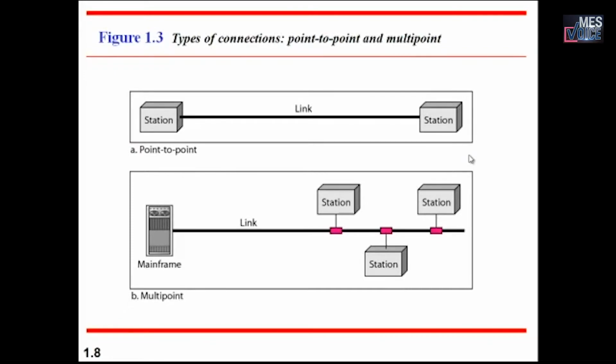As you could see, in point-to-point connection, only two systems are connected and an exclusive link is there between them. And in the multi-point connection, we know that multiple recipients are connected to the link, and the data could be simultaneously transferred to all of them.